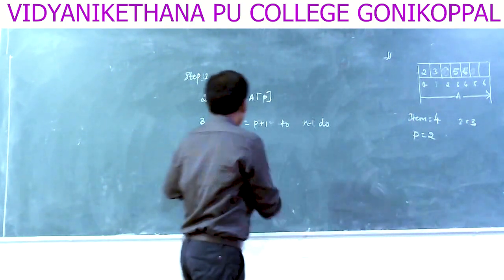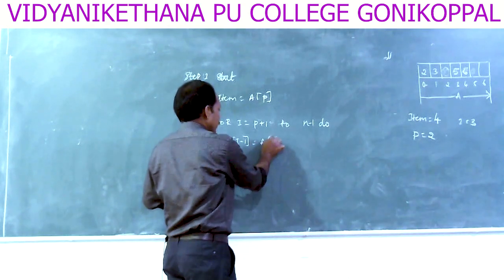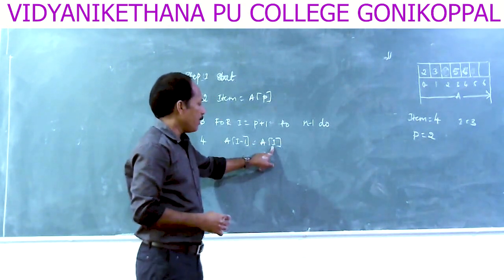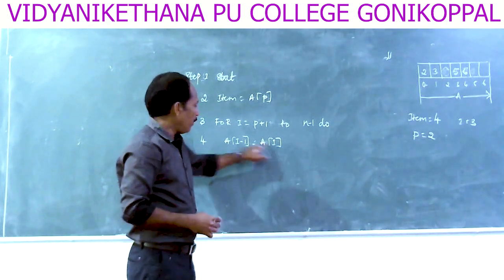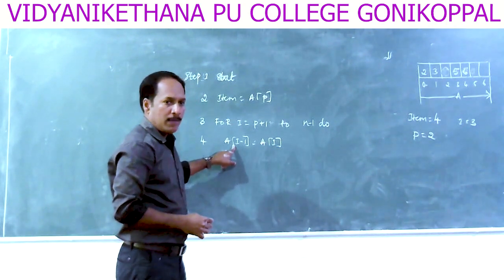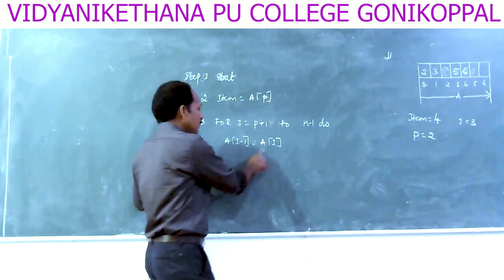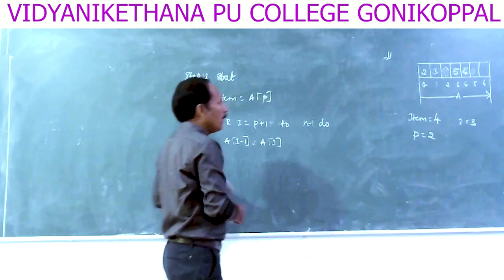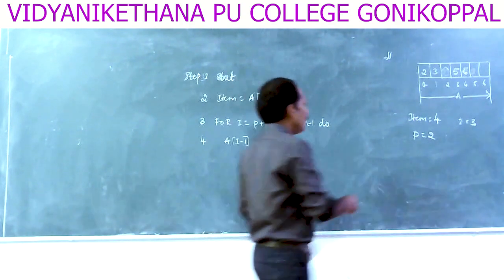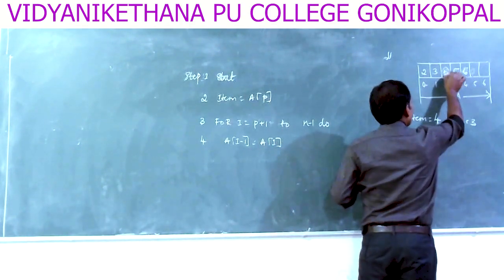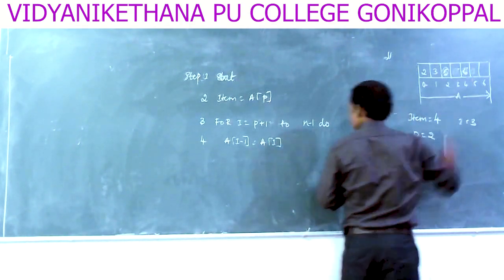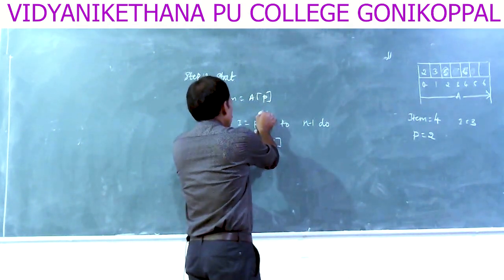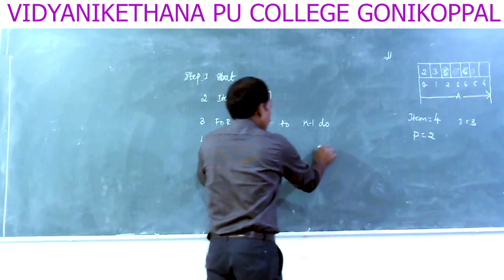At 3 we have an element. You can write many different methods. So A of I will be copied to its lower order position, I minus 1. We have a 3, so this will be 2. At 3 we have 5, and that is copied here. So this becomes vacant. Then what happens? I plus plus. It was 3, now I becomes 4.